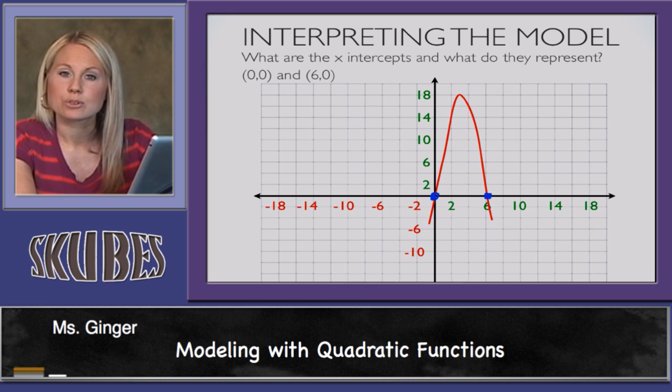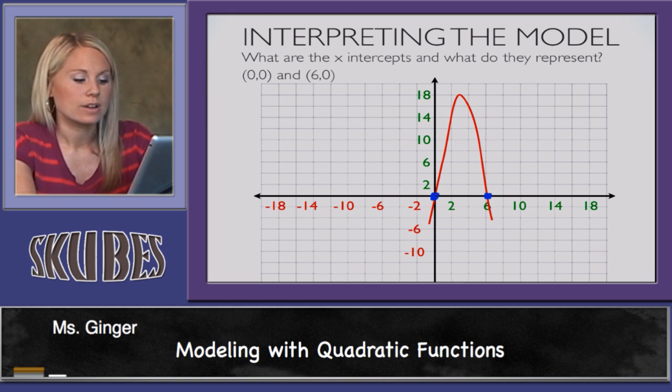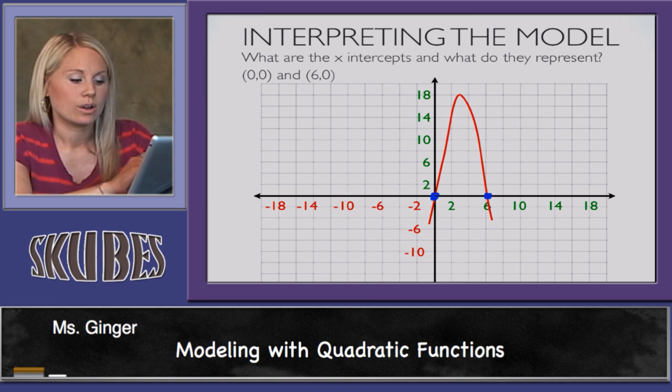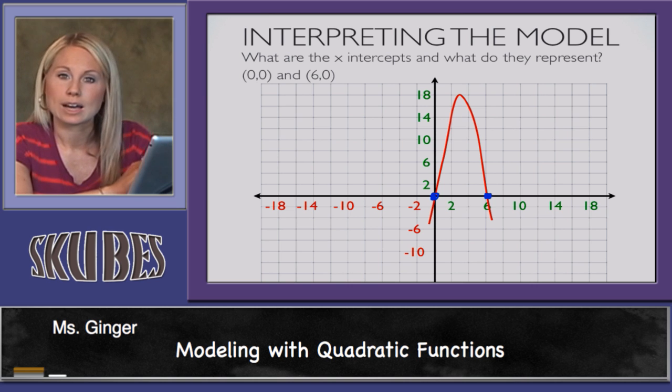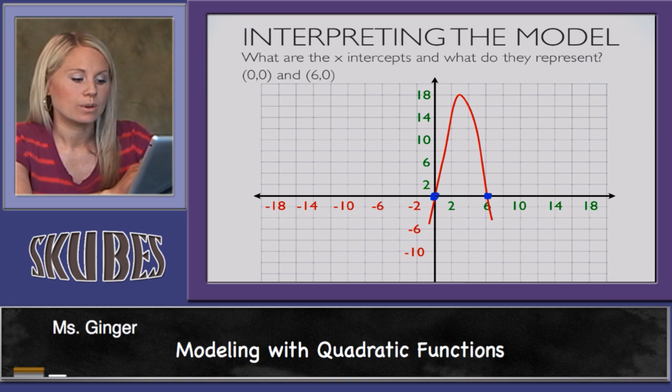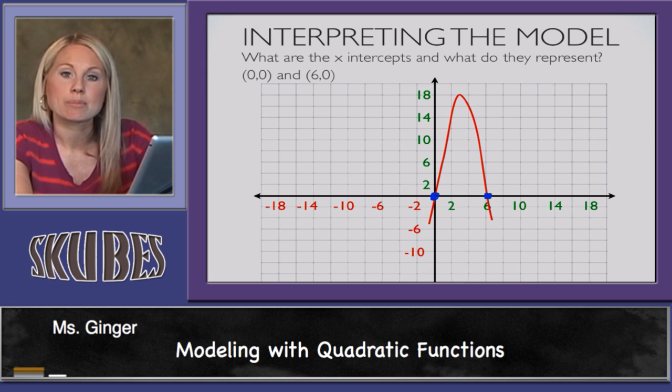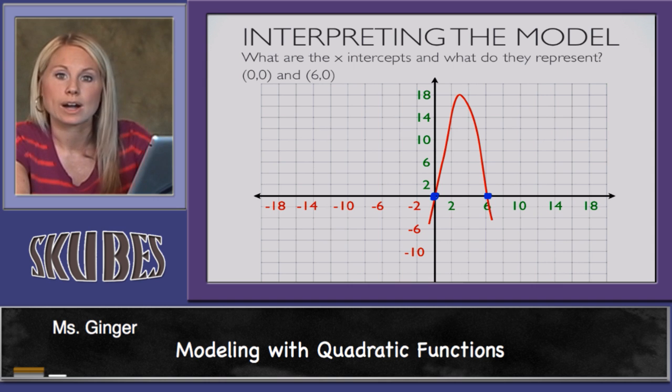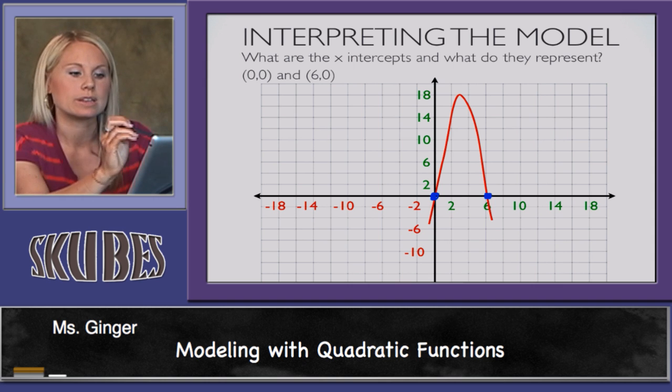So think about what that means for the person kicking that soccer ball: on the x-axis we have our time in seconds. So at 0 seconds, that ball has no height yet. And then when we travel out to 6 seconds, again, we're back down to 0 height. So that's what that is representing there.